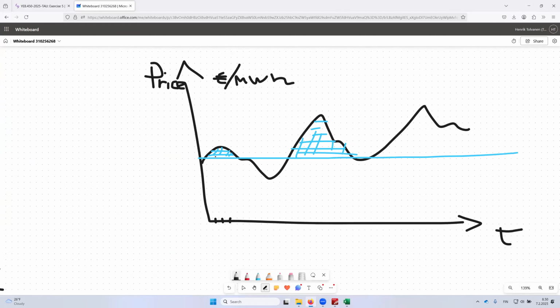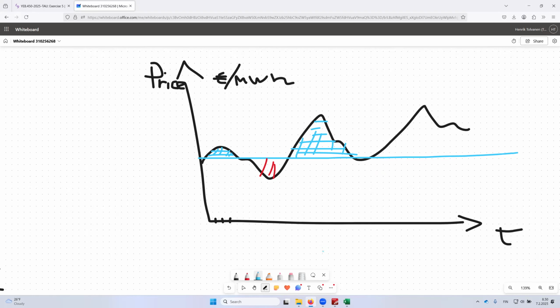And can you sell or do you have to buy? So buying is when it's cheap, when it's below here, and selling is when it's a high price in here.